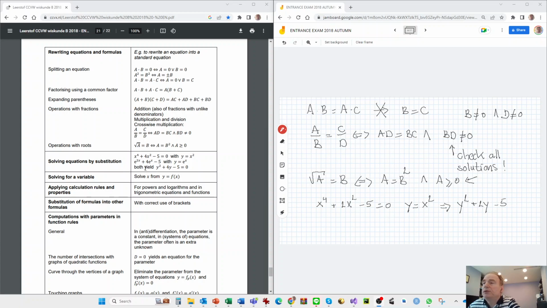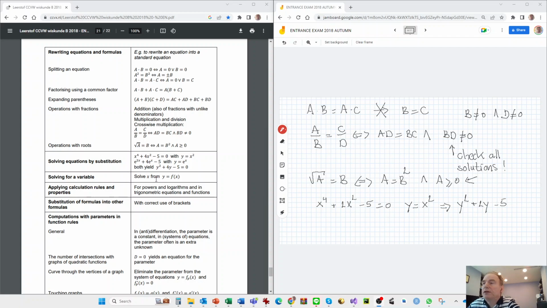Solving equations by substitution, you will see that definitely in the exam, and they give examples here. Where you reduce your equation to an equation that you know how to solve. So in both cases you reduce the equation to a quadratic equation.